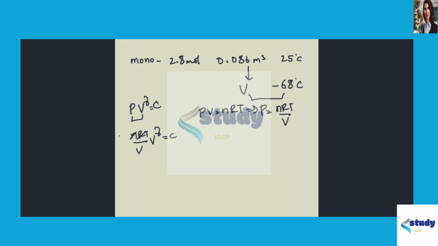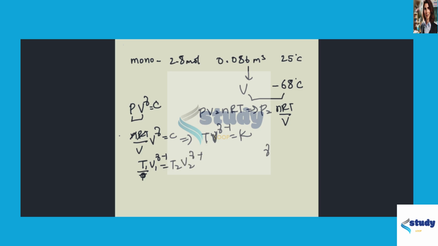Now n and R are also constants, so we can write T V power gamma minus 1 is a constant. That is it. So we have T1 V1 power gamma minus 1 is equal to T2 V2 power gamma minus 1.